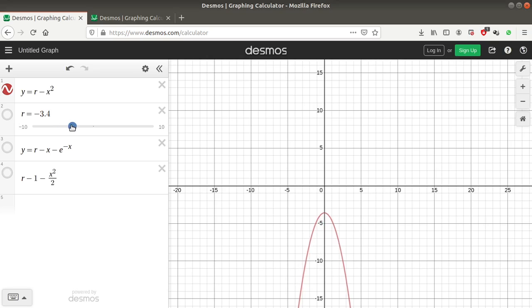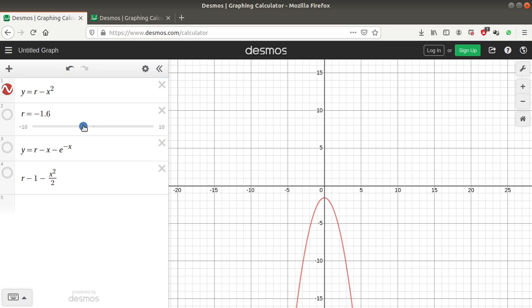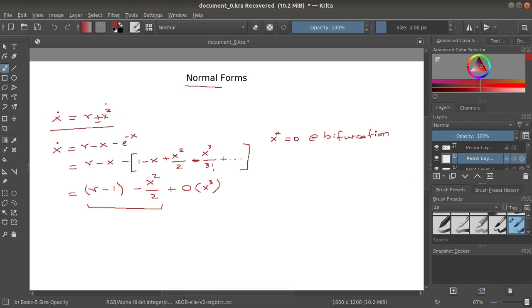If I change this r value, then suddenly 2 fixed points will appear, right? And if I decrease it, then 2 fixed points will disappear and there won't be any fixed point, and at a critical point there will be only one fixed point. So this is that fixed point.